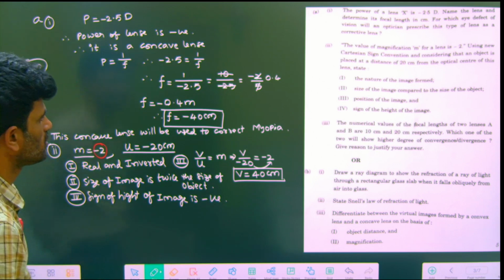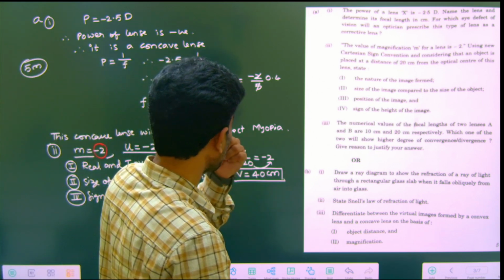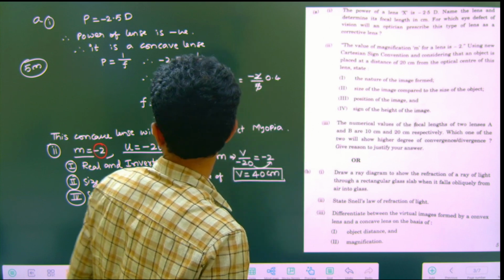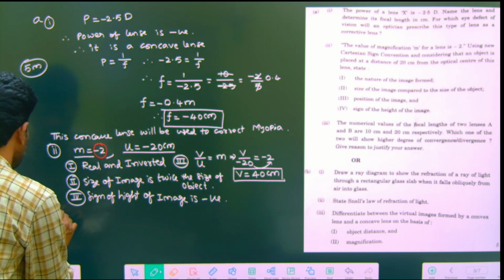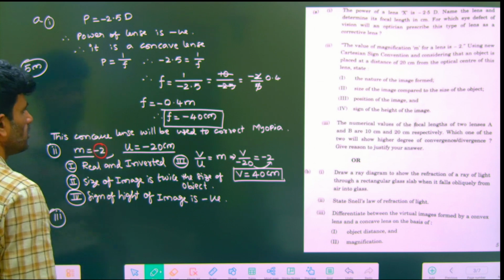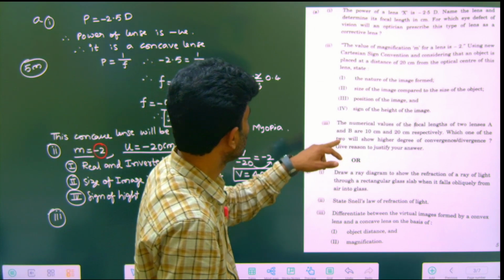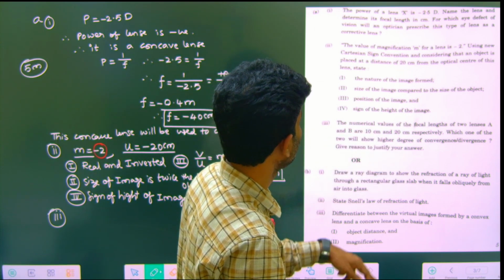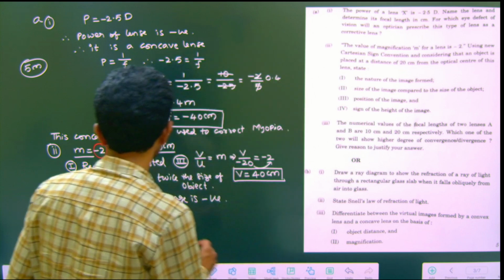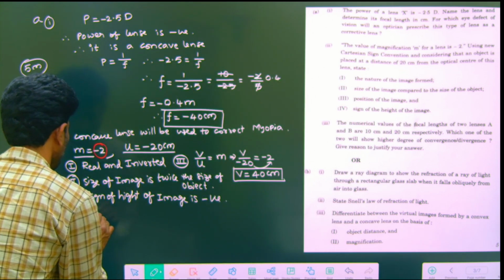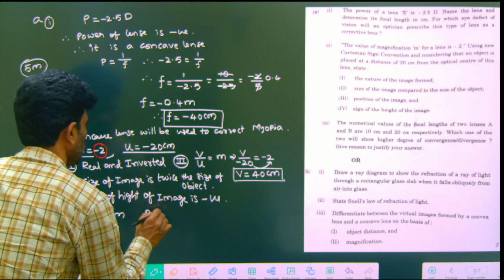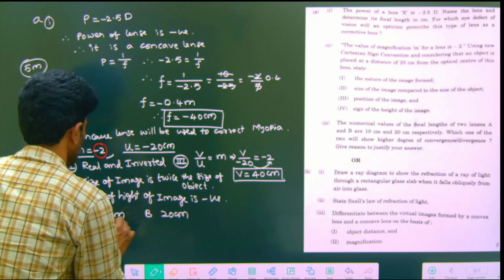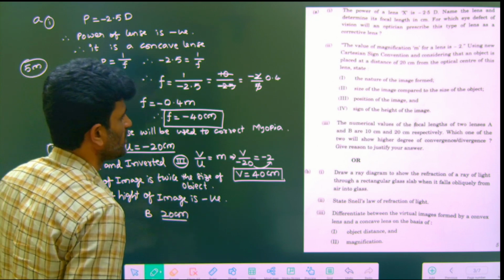Hope you understood this. In this, one more part is also there, not completed. This is the second part; one more third part is there. What is the third part? The numerical values of focal lengths are given. Focal length of A is 10 centimeters, focal length of B is 20 centimeters.